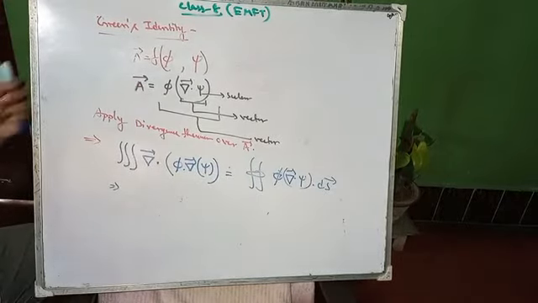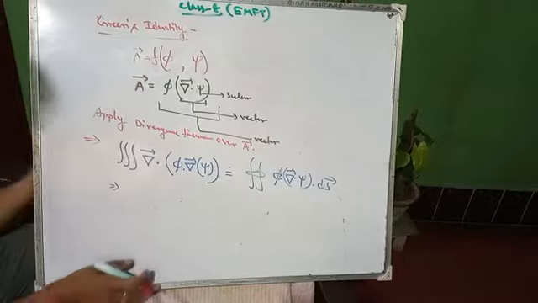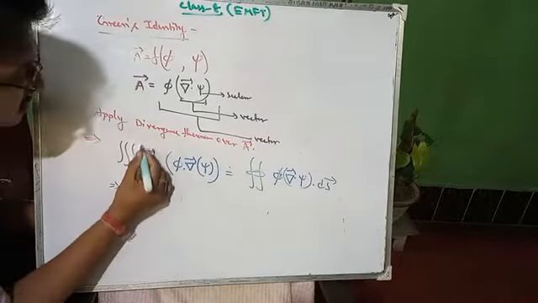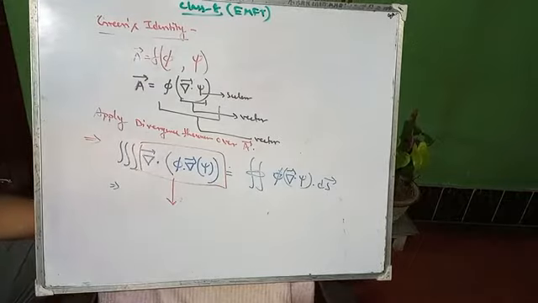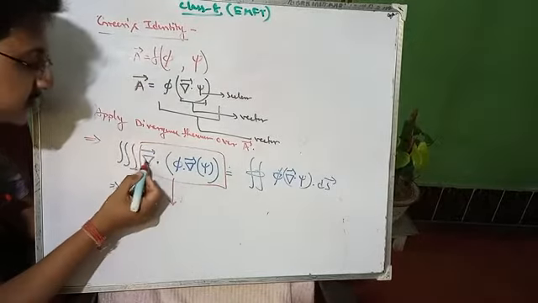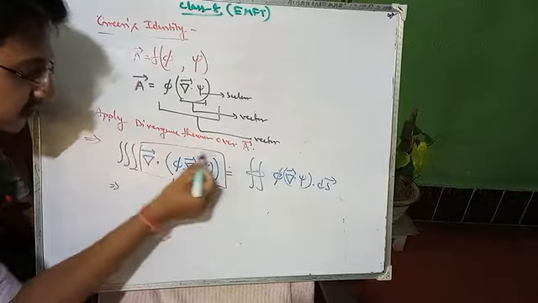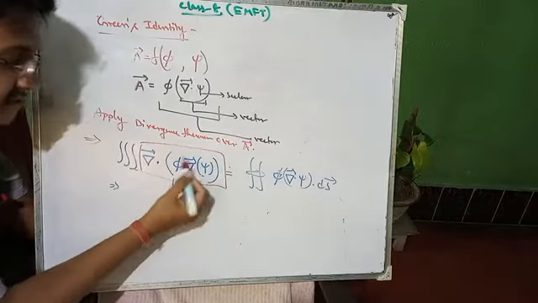Now what is the concept? This is one important identity. The divergence of this product consists of a gradient.